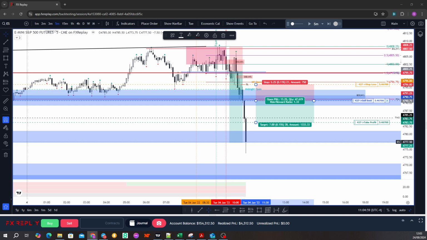Right, at the highs, I noted the high time frame SMT with NQ after the market had purged the BSL H1 liquidity pool. Let's get it right.